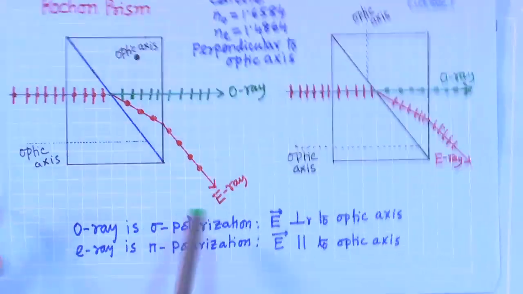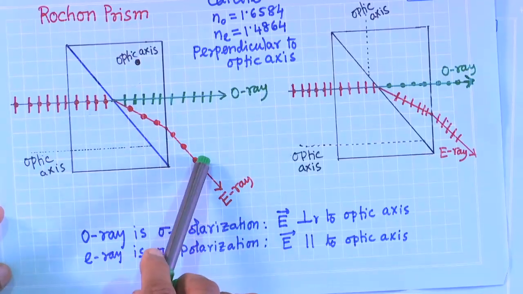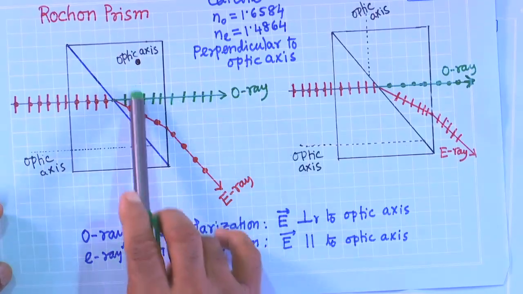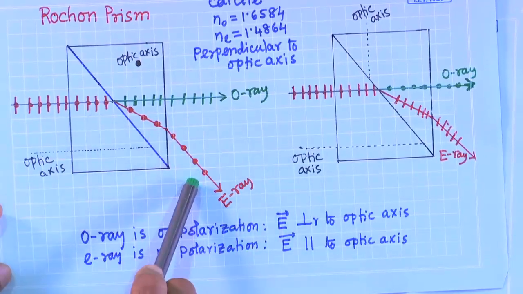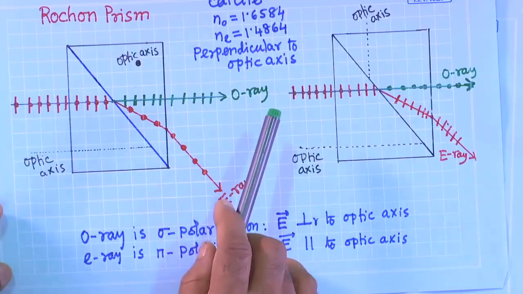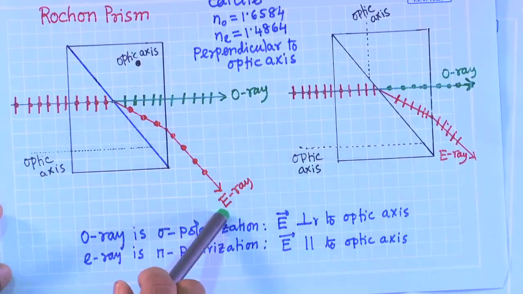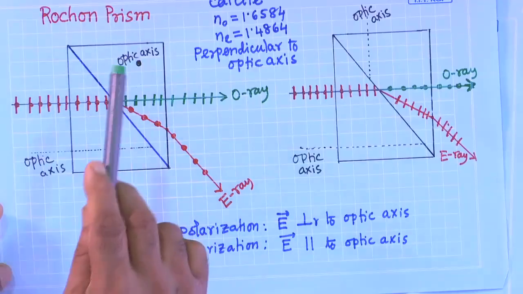Okay. So, here one thing you can see: this dotted one we generally use for the sigma polarized light, and that is the ordinary ray. But here it is the opposite, because in this crystal the optics axis is along this direction.